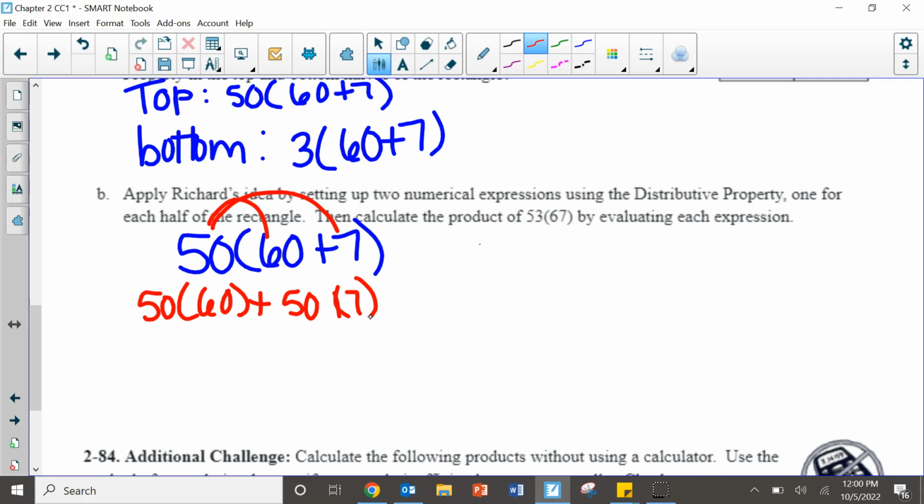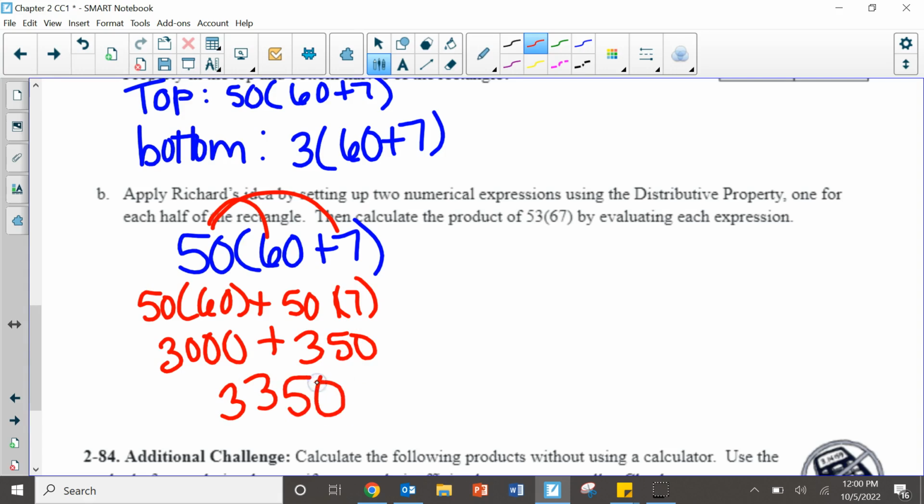Notice I distributed to both parts. Then you can solve 50 times 60, 3,000, plus 50 times 7, 350. So 3,350.